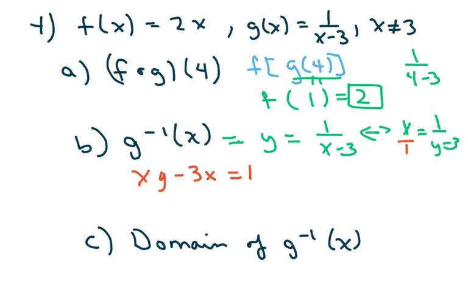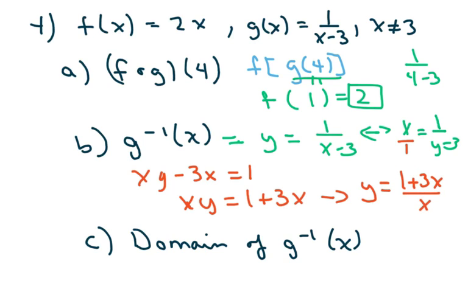So I'm going to have xy equals 1 plus 3x, and then divide both sides by x. So you get y equals 1 plus 3x over x. So that's your g inverse.